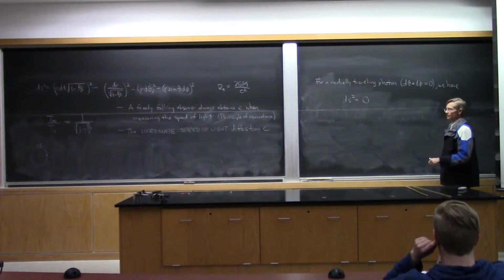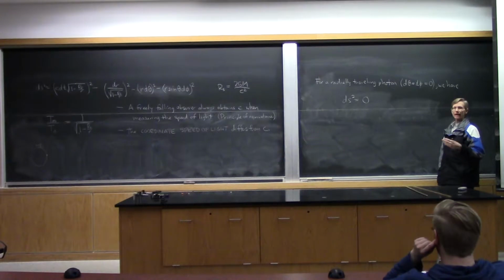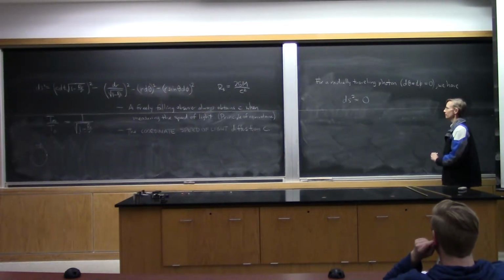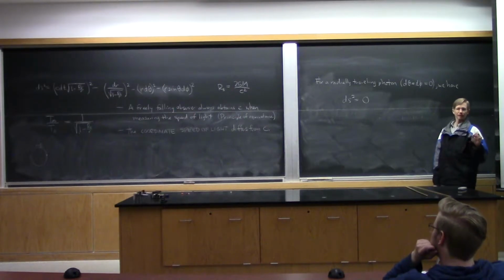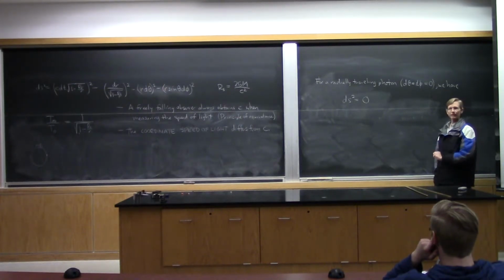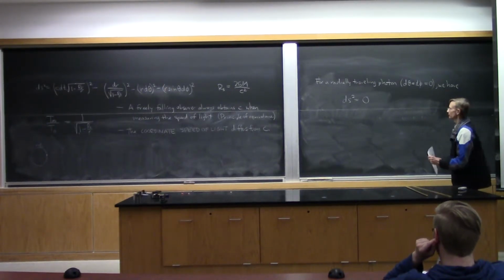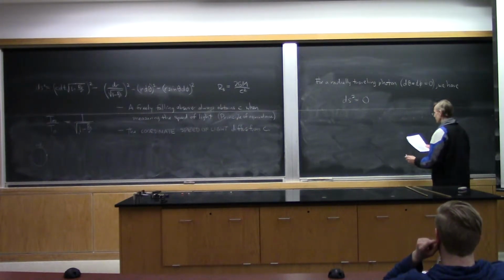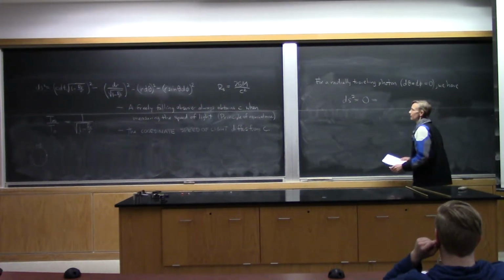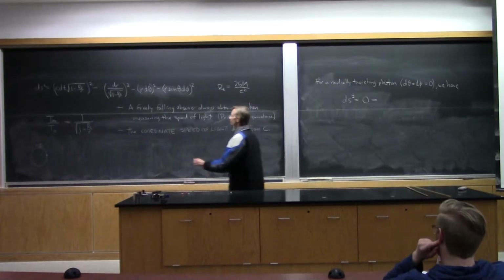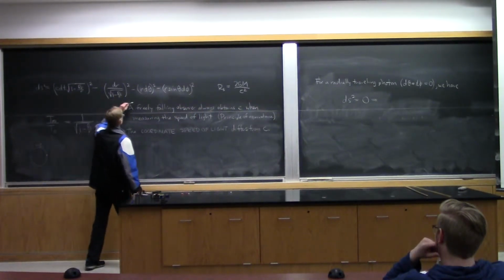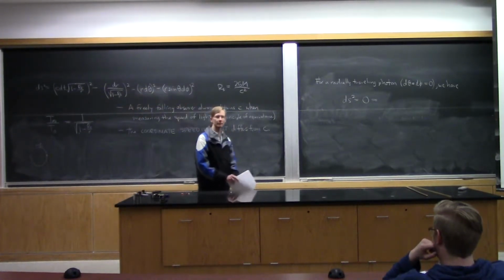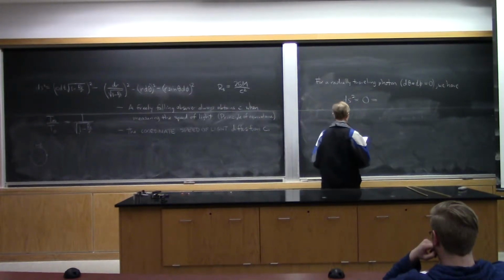So ds squared is c squared d tau squared, where d tau is the proper time elapsed on a clock carried by the particle, but for photons, the clock doesn't elapse proper time along its world line. So ds squared is equal to 0, and we only need the first two terms here, because d theta and d phi are equal to 0 along the world line of the photon.